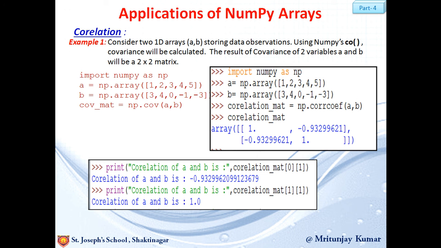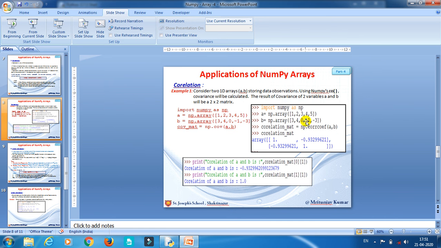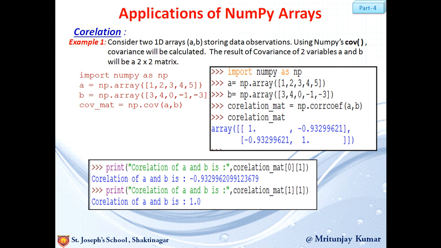Consider two 1D arrays A and B storing the data observations. Using NumPy's COV function, the covariance will be calculated.